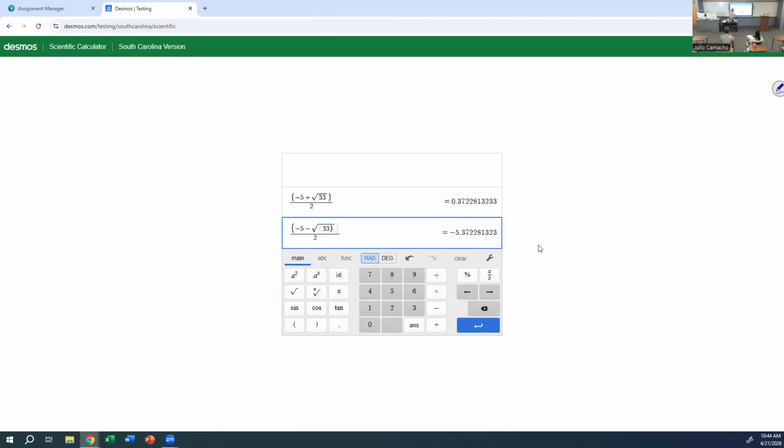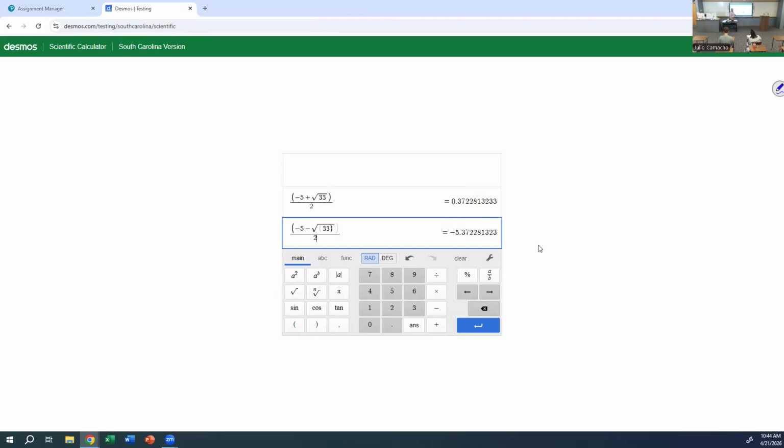Yeah, that's what I got. You did one, no? You put the negative, you subtract... -5 minus. Well, I did the first one. When you have the answer for the square root, it will be the negative answer. Oh, negative 5.37.